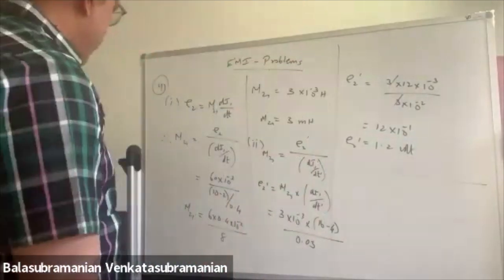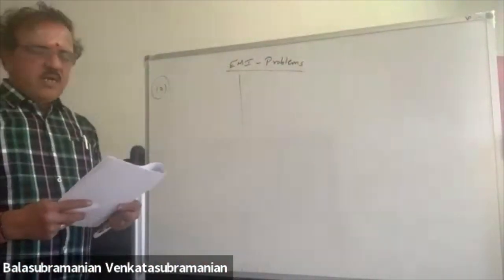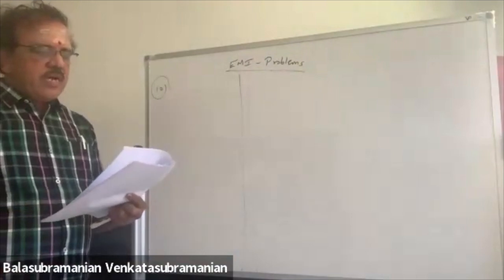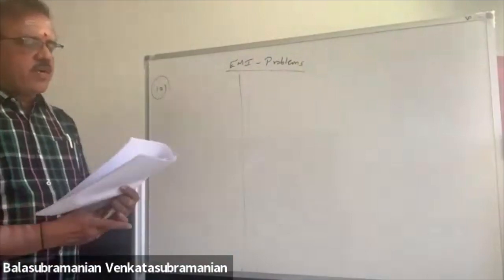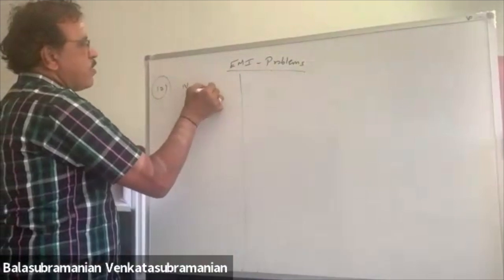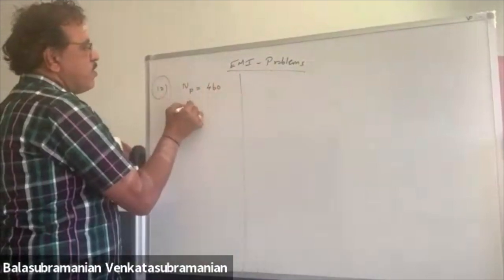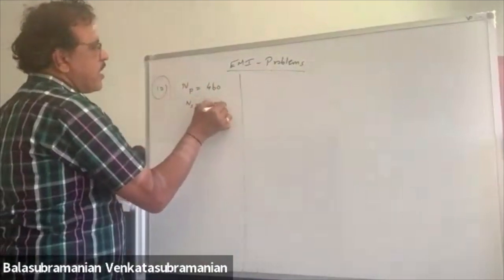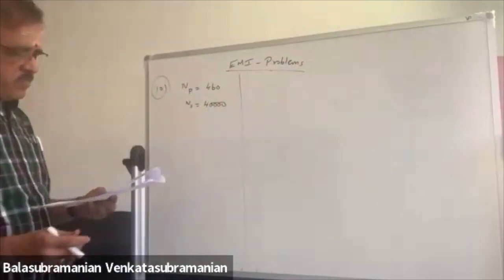Okay, fine. Tenth problem. An ideal transformer has 460 turns in the primary, NP, and 40,000 turns in the secondary, NS.